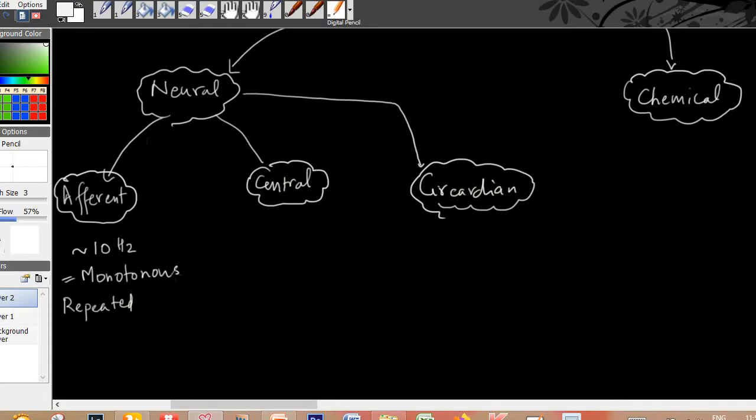Coming to your central mechanisms, we actually divide the areas of brain into three brain areas, which on appropriate stimulation will produce your NREM sleep. So which are those areas?